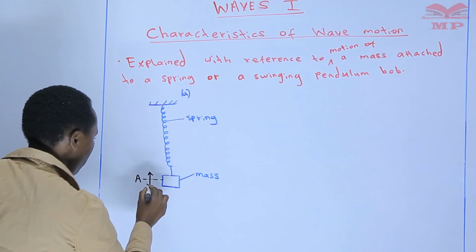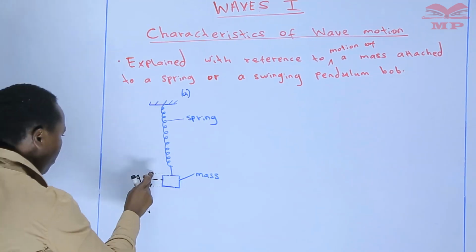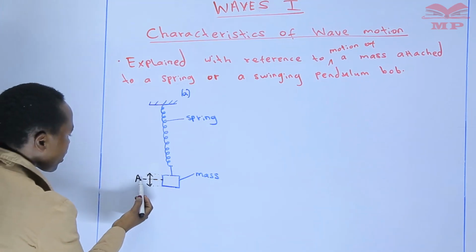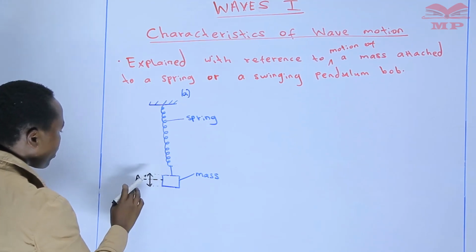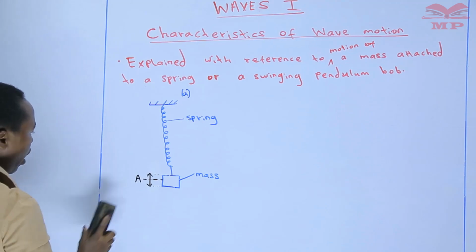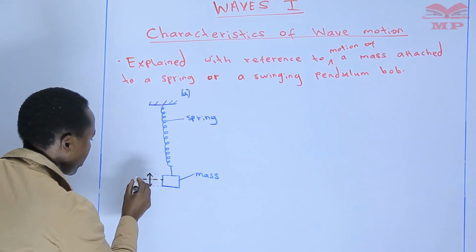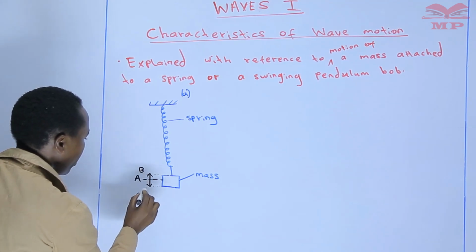If it is moving from A up, then through A, then down, then A, we are going to have it this way. So if this is our A, then we can call this B, and then here we have C.